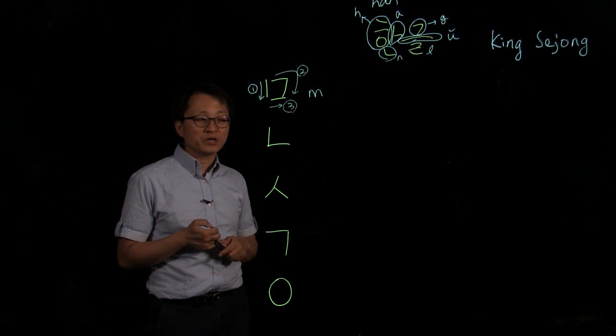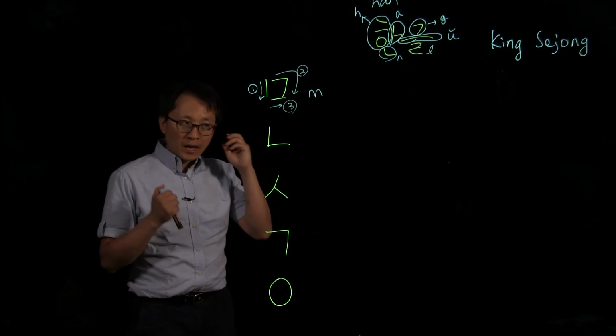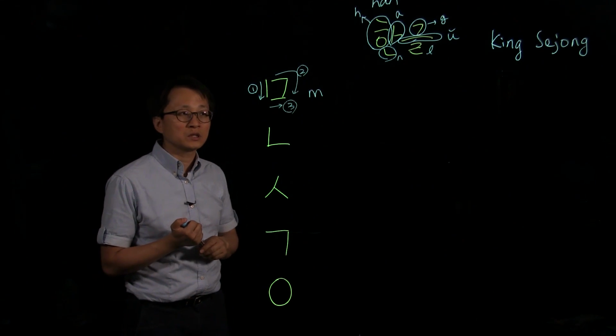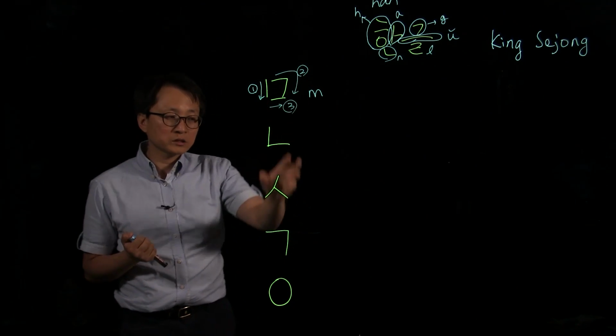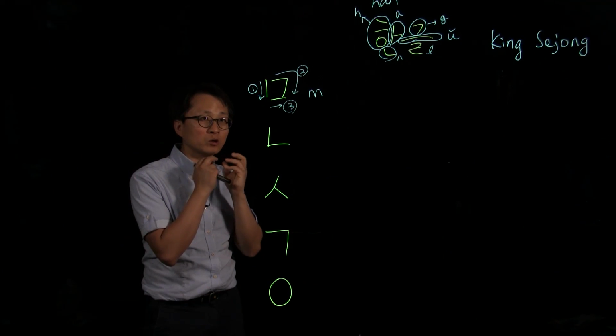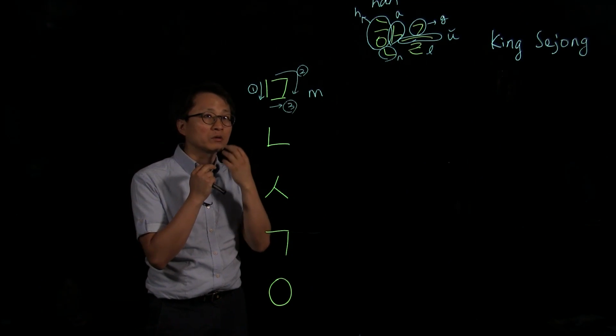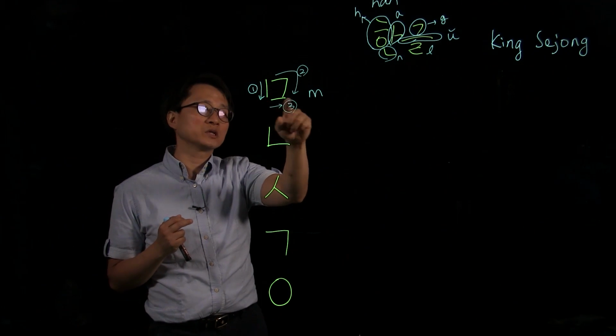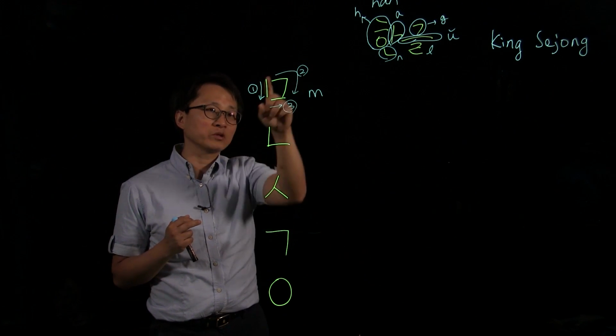And when he invented Hangul, he analyzed the sounds of the Korean language, and for consonants, he tried to represent the shape of our vocal organs, like our mouth. So m is a lip sound, and he just represented this mouth with this square.